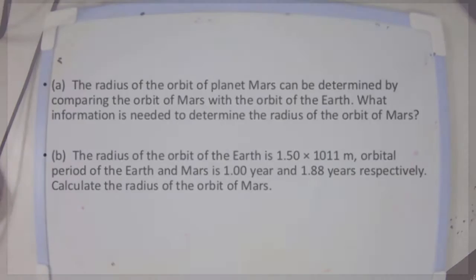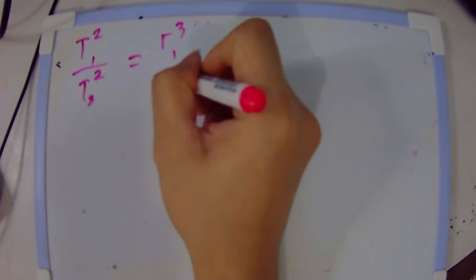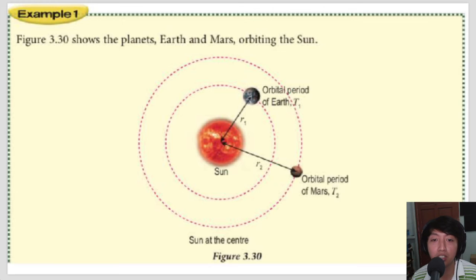So this is the formula that we're going to use. So let's write that down. So the formula that we are going to use is T1 square over T2 square equals R1 cube over R2 cube, right? Now, if we go back to looking at the question, we already have R1 and R2. So now let's write down which one is which.